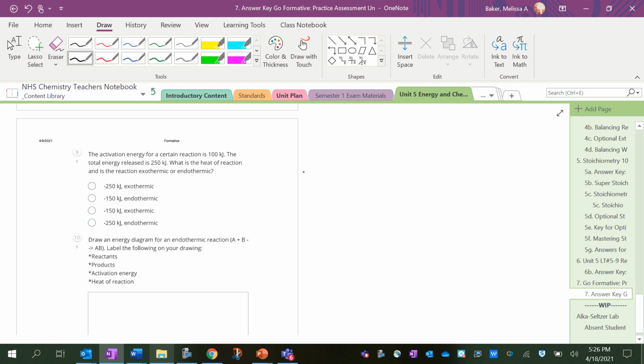Okay, it says the activation energy for a certain reaction is 100 kilojoules. The total energy released is 250 kilojoules to get to the products. So what's the difference here?